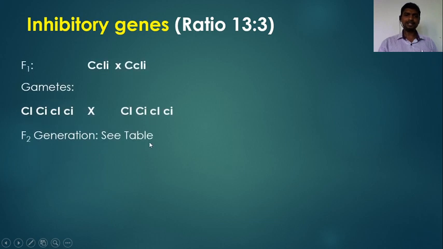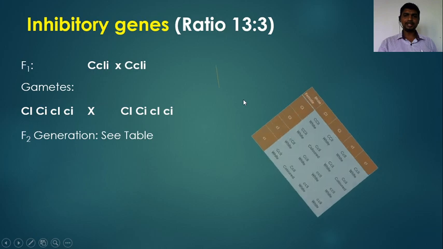Now these gametes are fused with each other. Here we make a checkerboard.